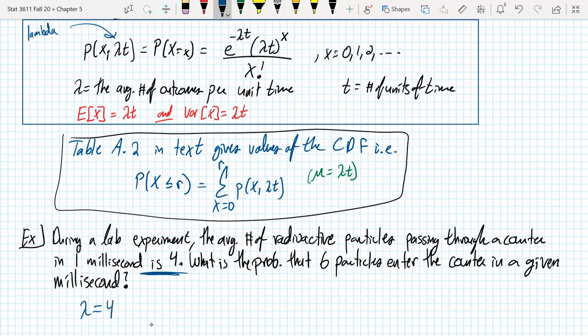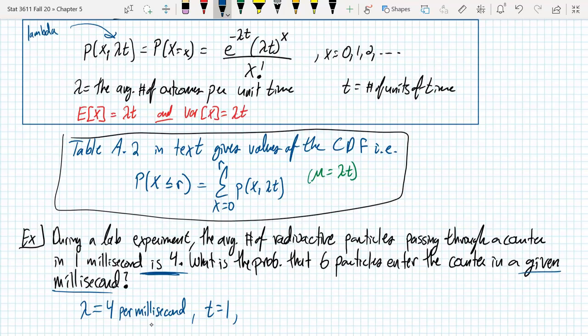Our unit of time here is 1 millisecond. For t, how many units of time are we considering? We're looking at just a single given millisecond, so that's 1 unit of time. So lambda t is 4 times 1.